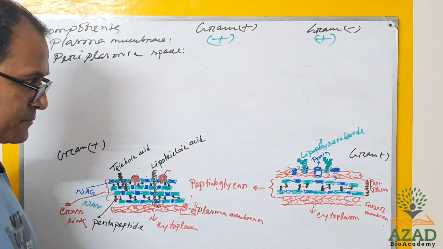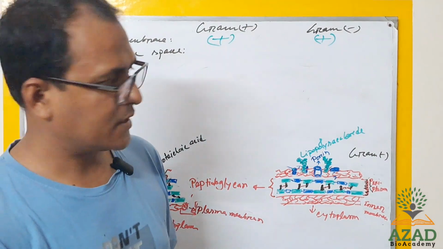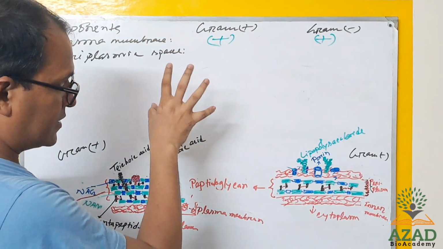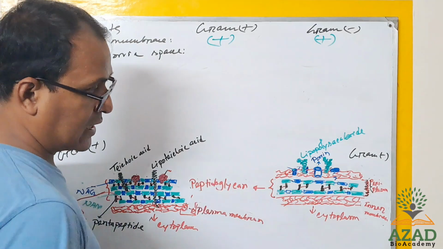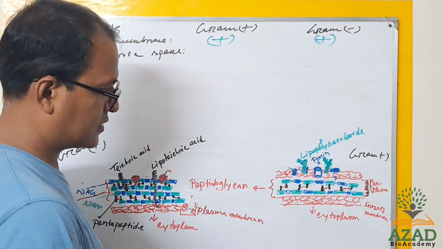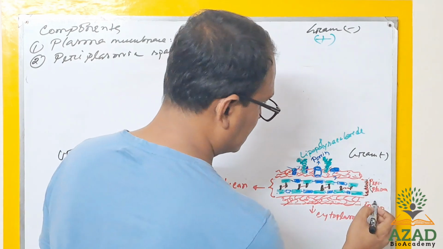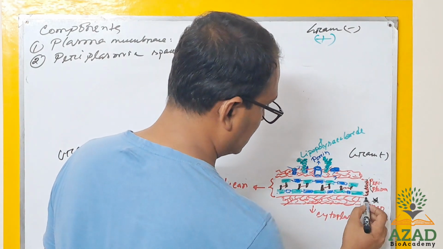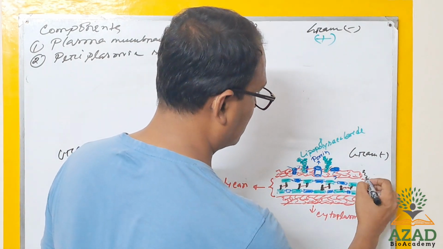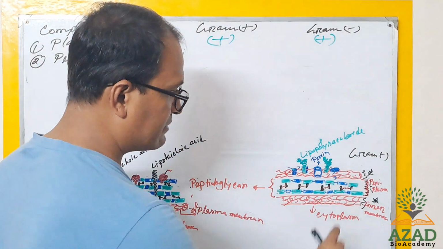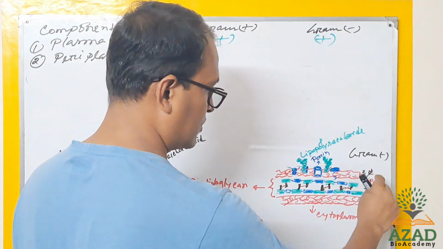Periplasmic space is very easy to understand if I go first to gram-negative bacteria, because here it is clearly shown that this is the inner membrane, the plasma membrane, and this is the outer membrane, and in between is a clear space.